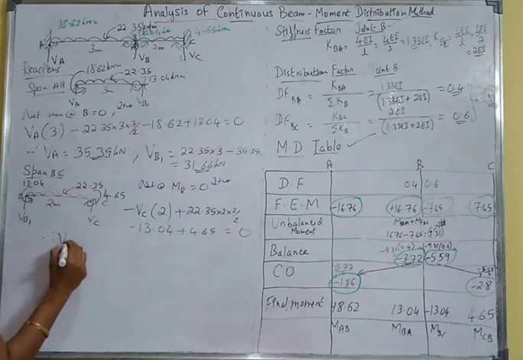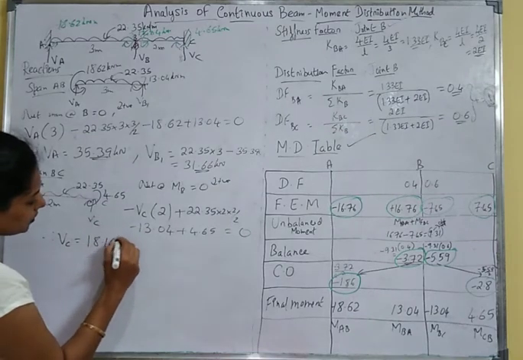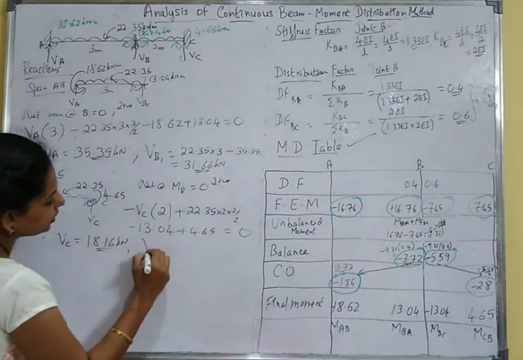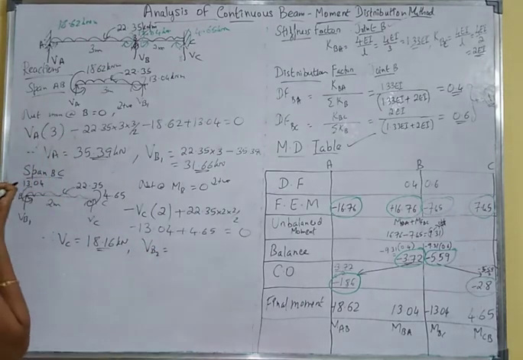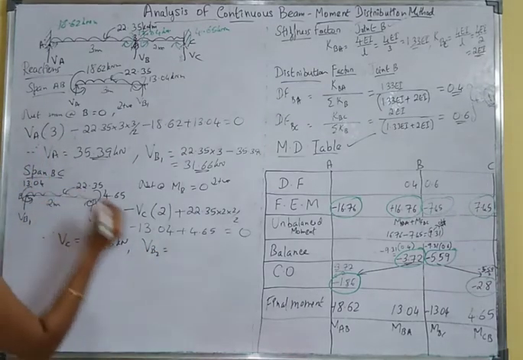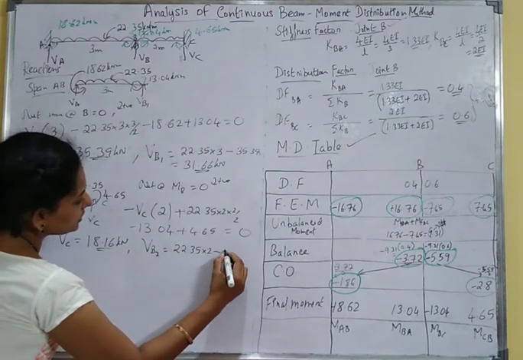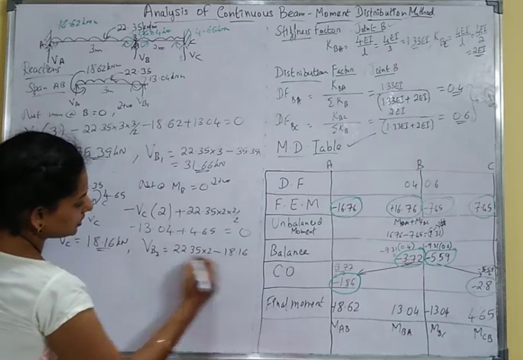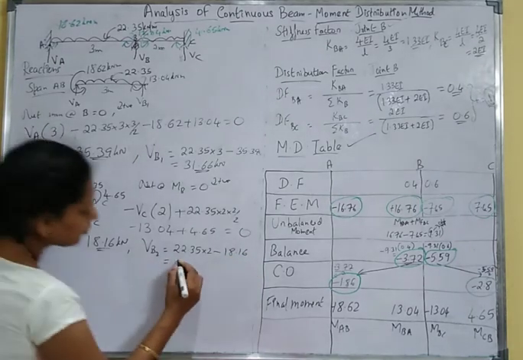Find out VC, that is VC is equal to 18.16 kilonewton, and VB2 is nothing but, again same, 22.35 into 2 minus 18.16. You have 26.54 kilonewton.